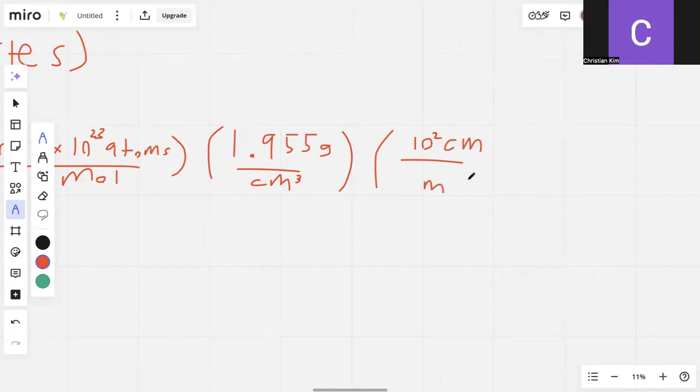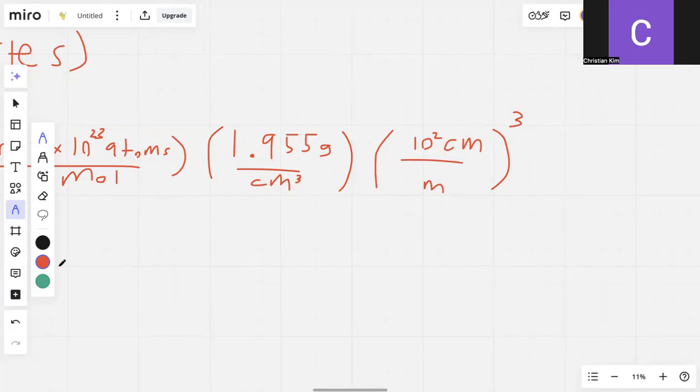Well, you might be thinking that doesn't really cancel out because I'm going to have centimeters squared on the bottom. And you're right, it won't cancel out as it is right now, which is why I'm going to raise it to the third power, which makes sense because I'm dealing in terms of volume. So I will want to raise things to the third power. And you'll see that the centimeter cubed will cancel out and we now have meters cubed.